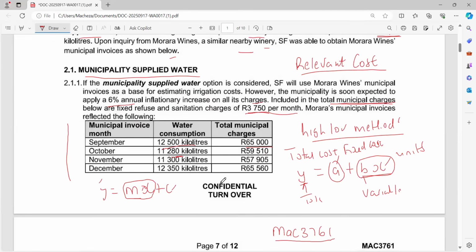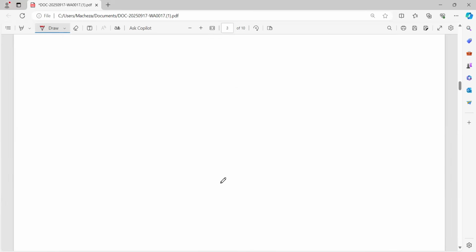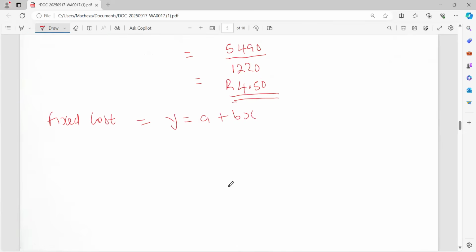So if we want to determine the fixed cost, this is the total cost. So it's going to be 65,000 is equal to A, which is the one we want to determine, plus BX. Our B is the variable cost now, 450.